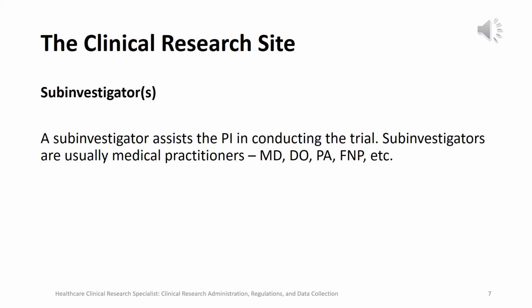In some cases, sub-investigators may also be coordinators, or they may be people that are not necessarily licensed, but they could be, say, an RN, or they could be someone that holds a certificate training in another area of medical practice. So it's important to understand that there are people that are going to assist the PI, and so they have to be adequately trained in order to do that.